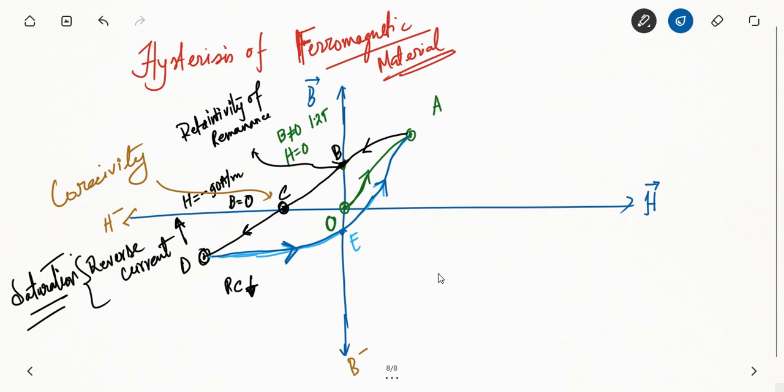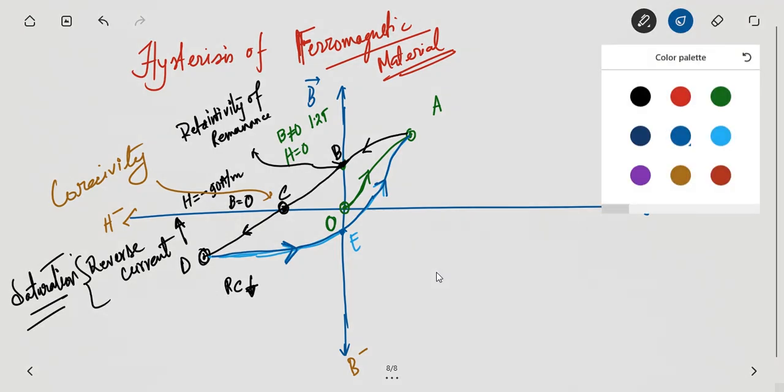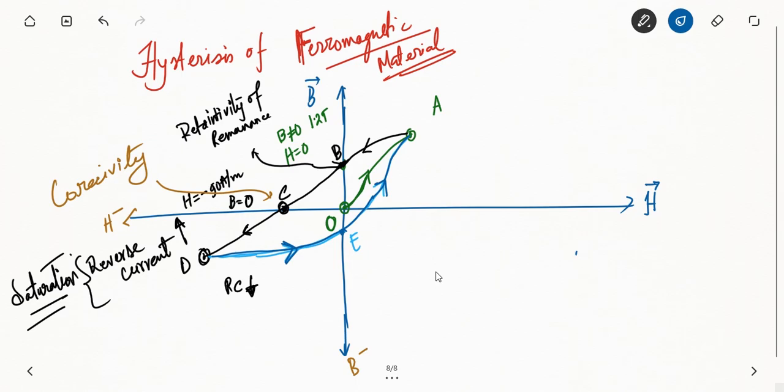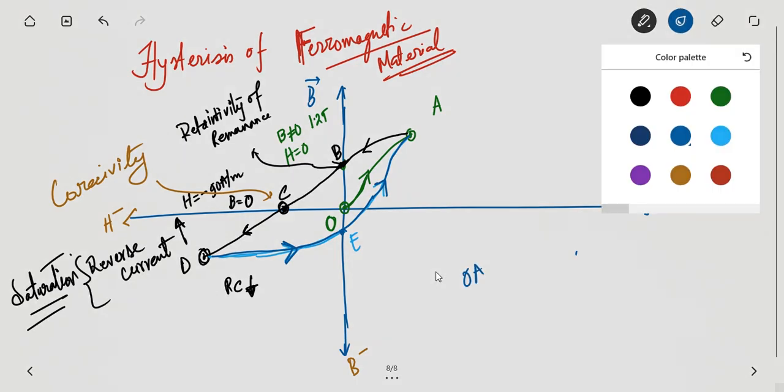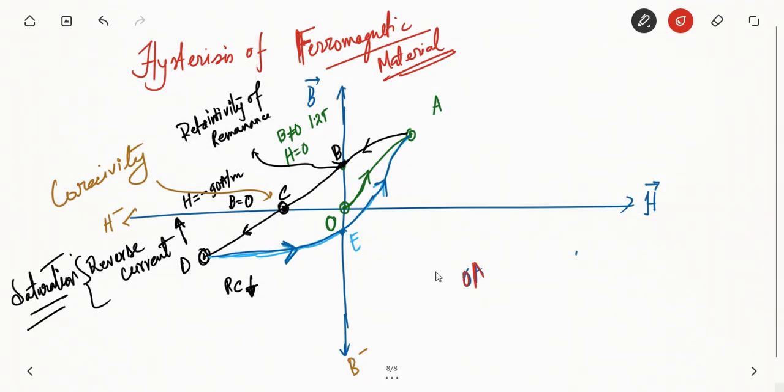So what is hysteresis? The OA curve does not retrace itself.